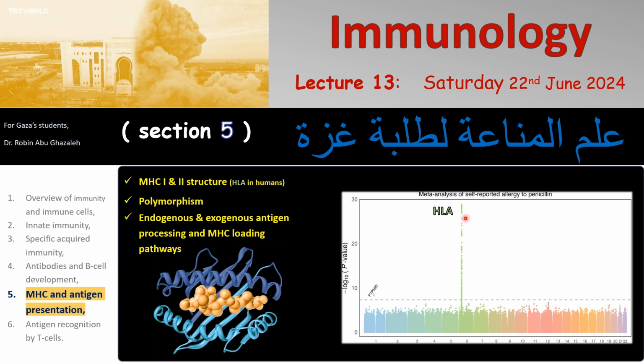So some people are allergic to penicillin, and this is related to the presence of specific polymorphisms, several of them here. Most of the SNPs are not related to allergy to penicillin, but a big number are.